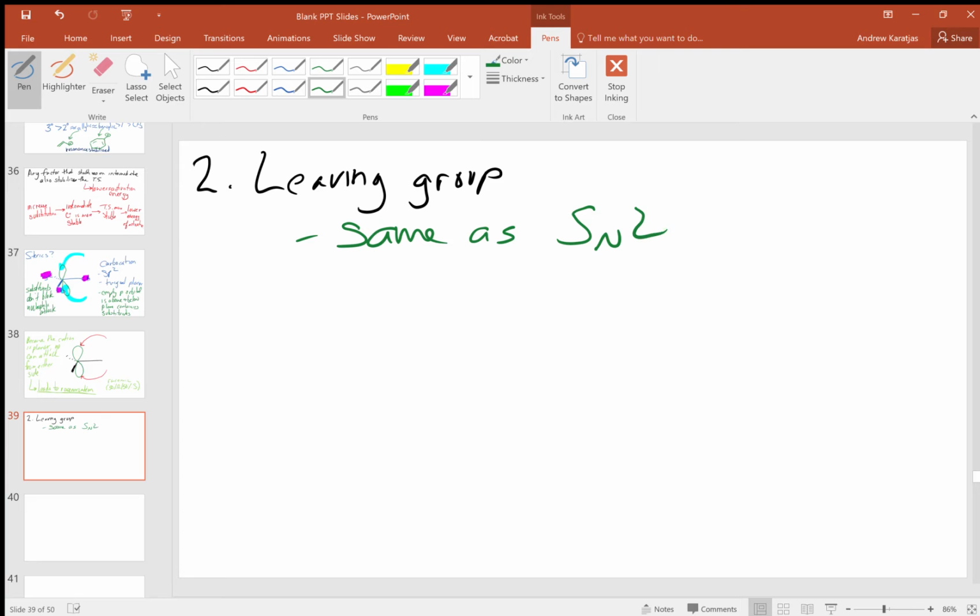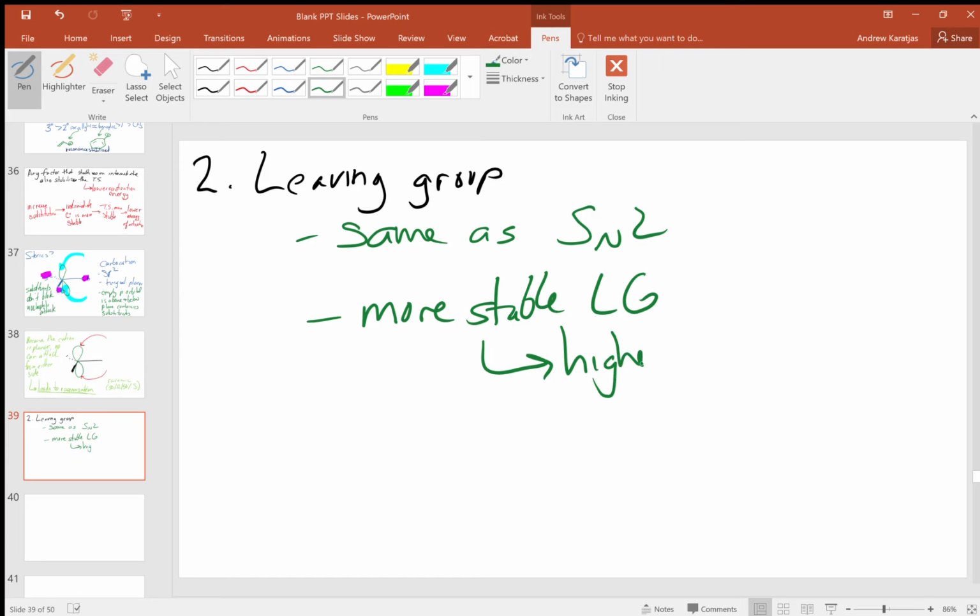So nothing new to talk about in this spot. The better the leaving group, the more reactive the compound will be. So nothing new when it comes to leaving groups.